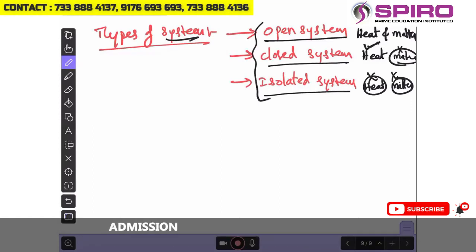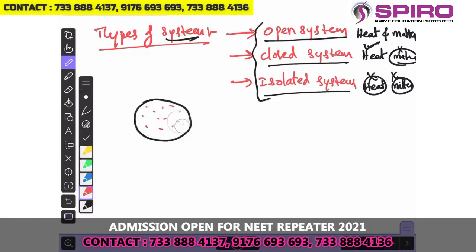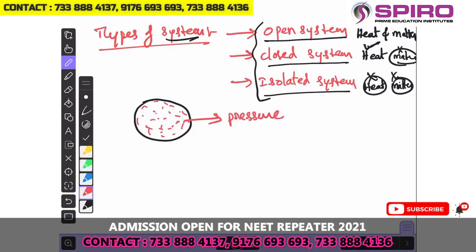Now, what exactly is there inside the system? There are some gas molecules, yes or no? Some gas molecules are here, and the state of the gas molecule is measured in terms of number 1, pressure, number 2, volume, and number 3, temperature, right?